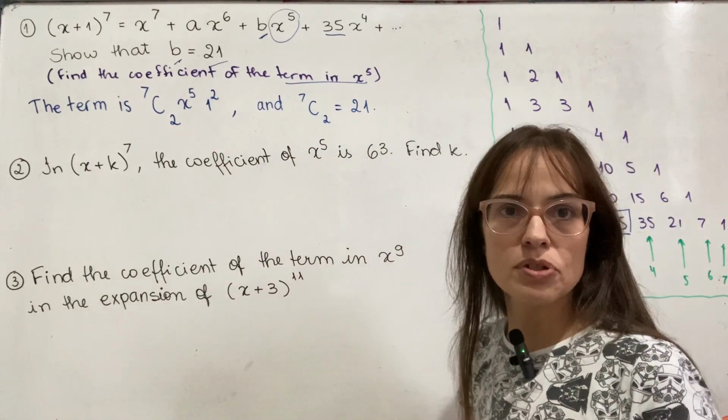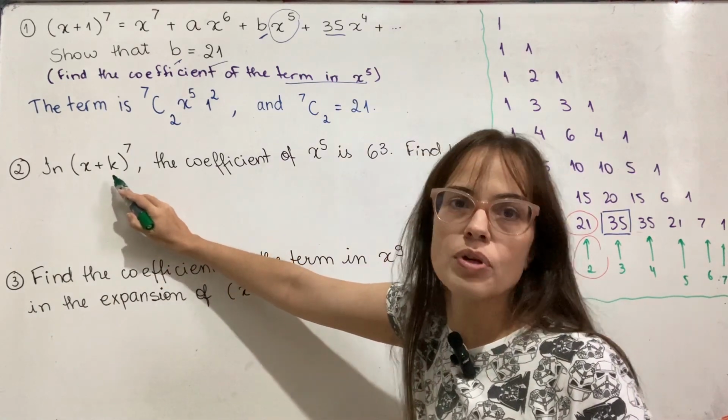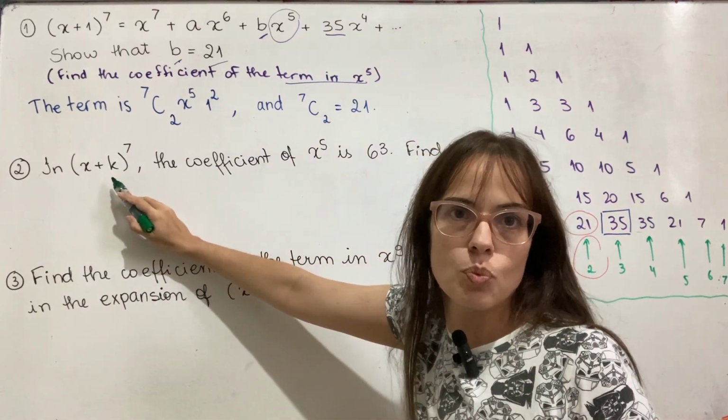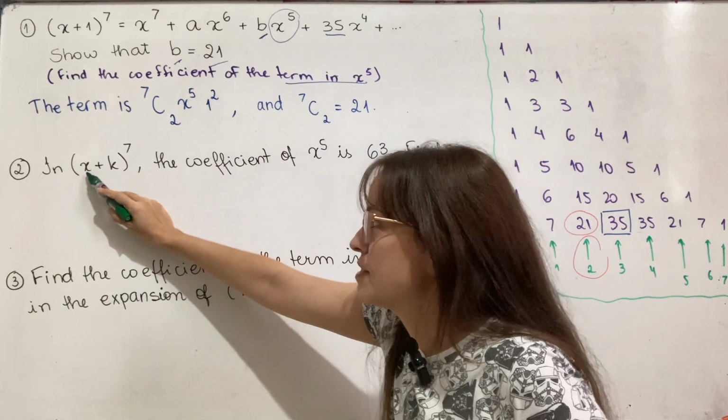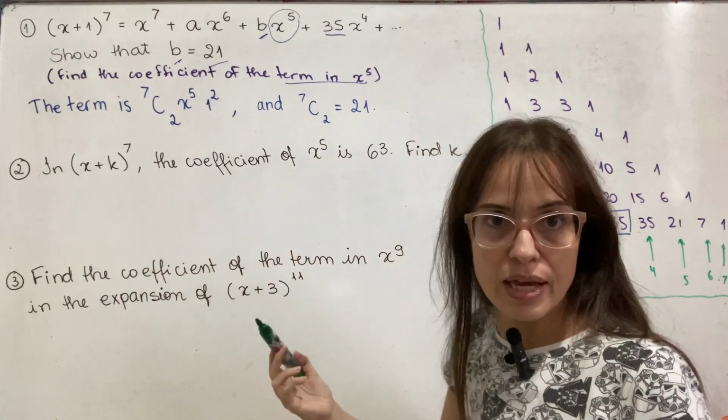Now look how similar the next question is. Again, I have x plus a number. Okay, and this time the number is not 1, it's k, but it's still x plus something, and the exponent is 7 again.